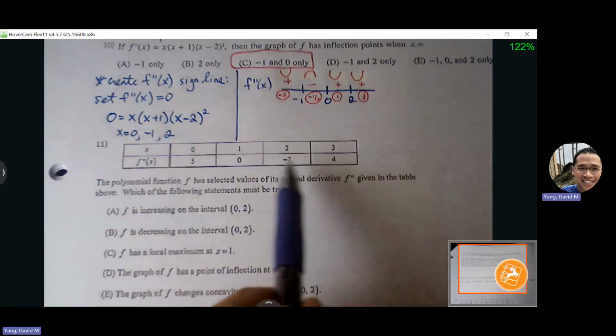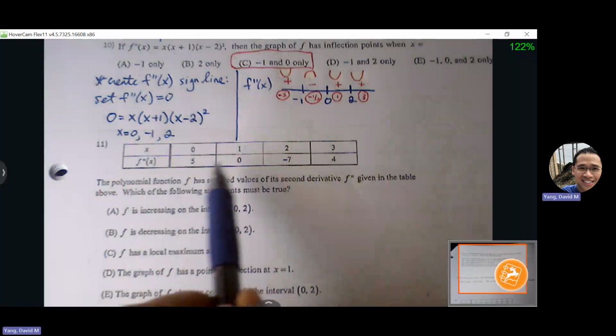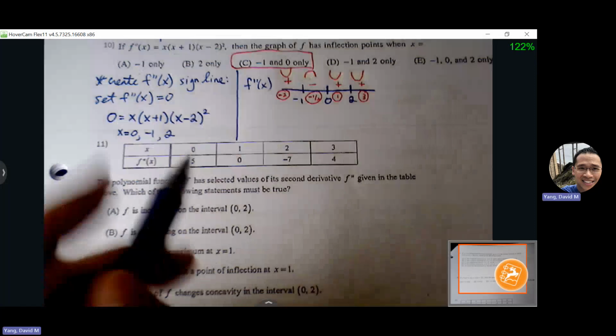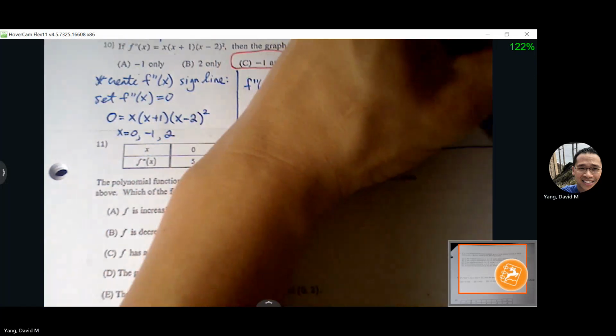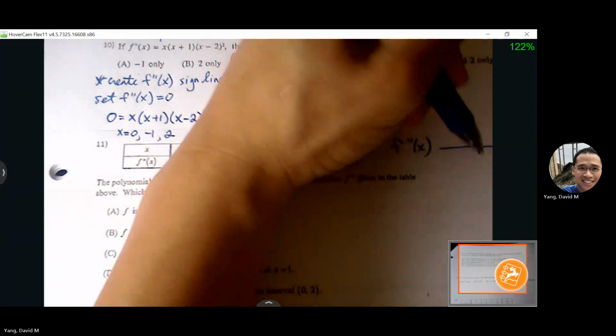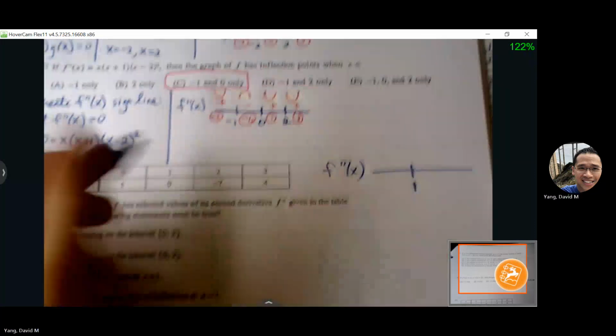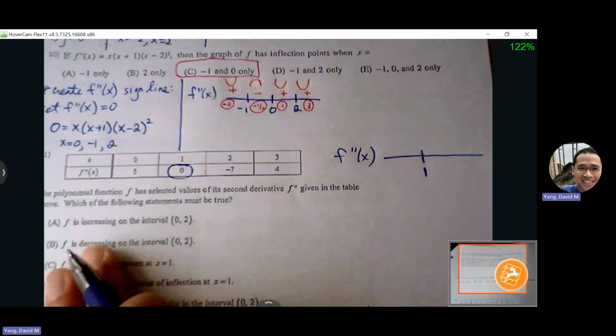So where do you see a potential critical point if we're looking at f double prime? At 1, right? So if I create a second derivative sign line, because there's a critical point there, right? Because the second derivative is 0.